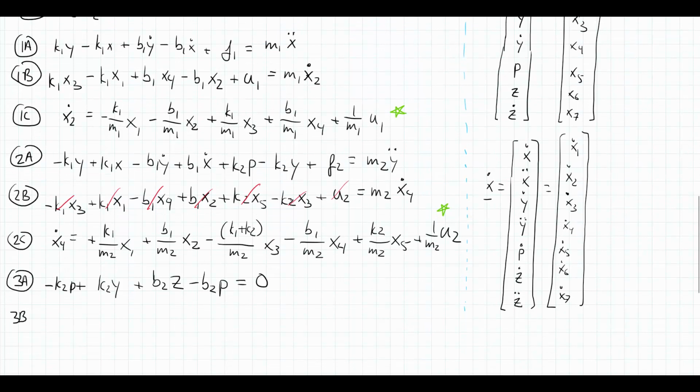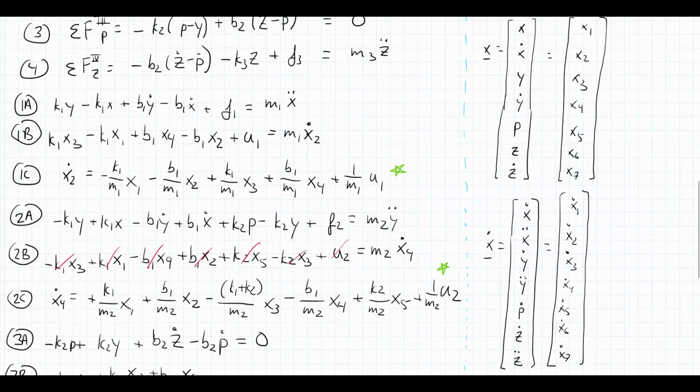As before, now I'll substitute in my state variables. p is x5, y is x3, z is x6, and this should be a z dot, and this should be a p dot from equation 3, and that is the case.